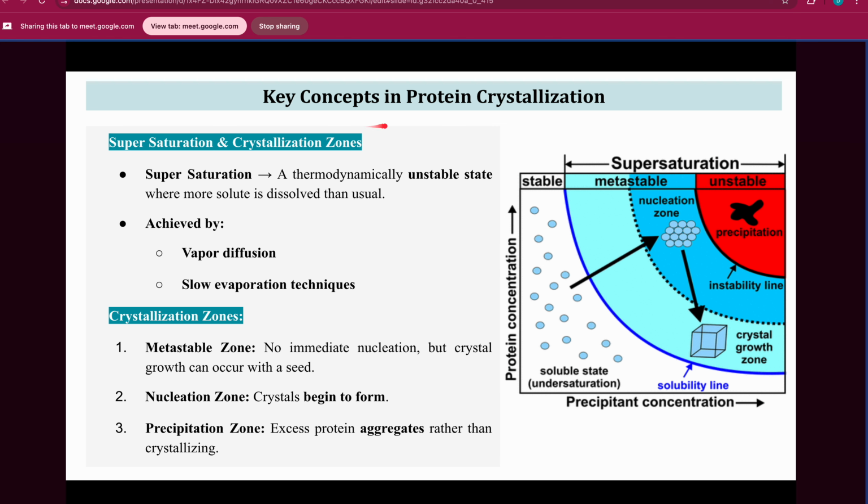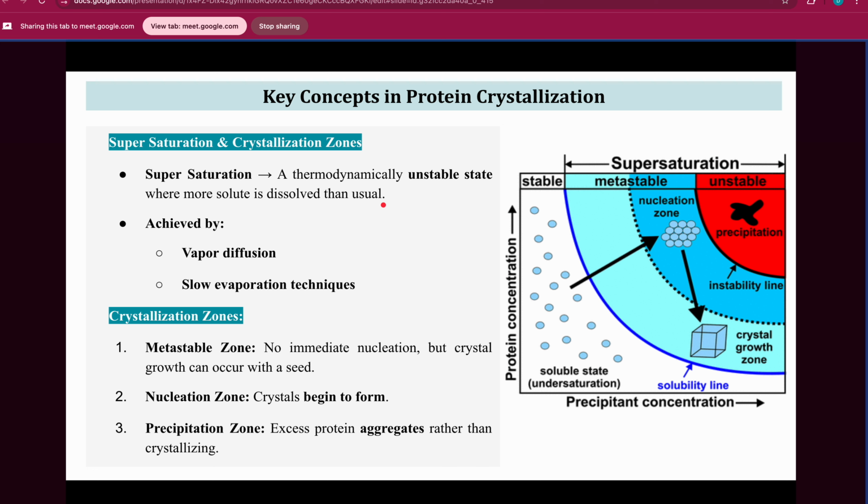Now we will talk about some of the key concepts in protein crystallization. The first thing is supersaturation and crystallization zones. That is, what are the regions where crystallization is obtained? For that, we must be aware of supersaturation and crystallization zones. Supersaturation is a thermodynamically unstable state where more solute is dissolved than usual.